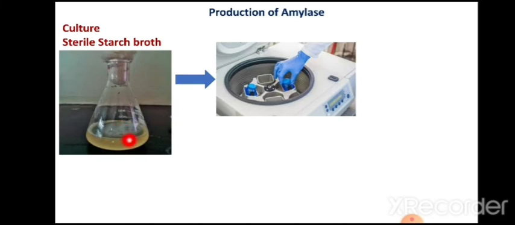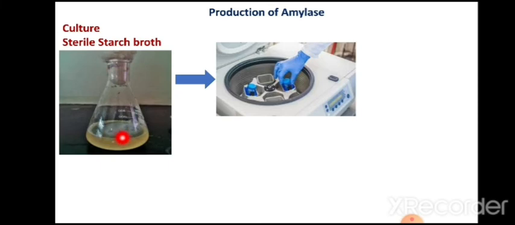As the organism is an amylase producing organism, we expect that it has produced amylase enzyme extracellularly in the fermentation broth. So now this broth is ready for the harvesting of amylase enzyme.